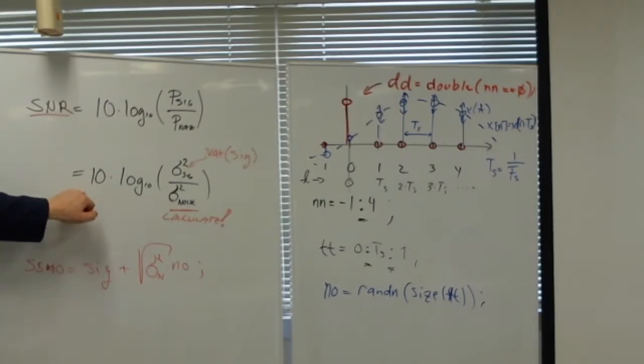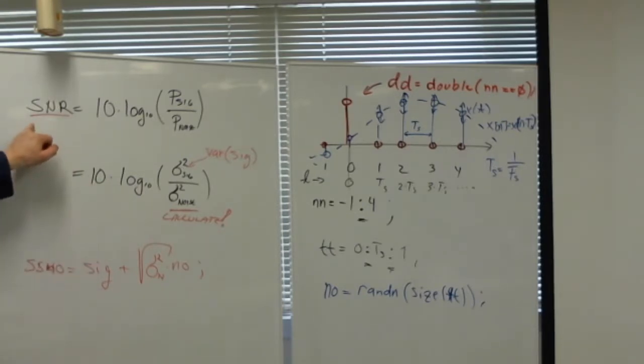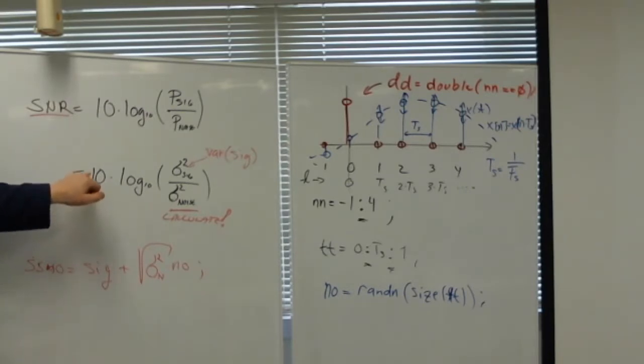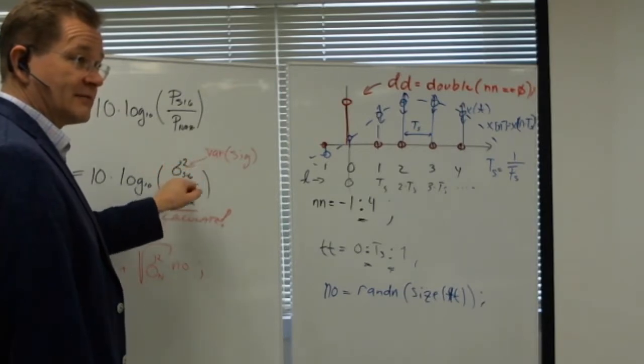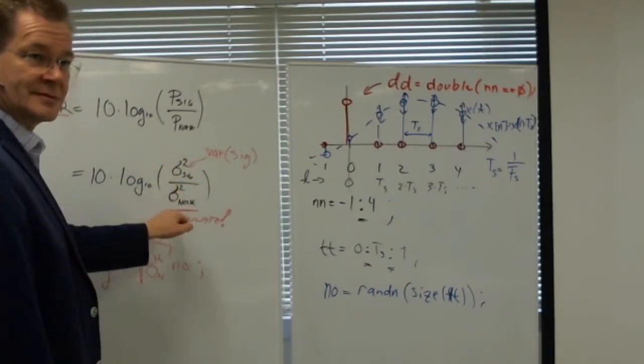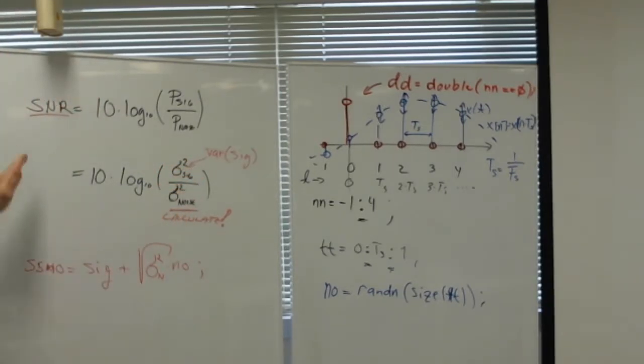Okay. So like in the AC circuit theory, the signal to noise ratio could be calculated as 20 times log base 10 of signal amplitude divided by noise amplitude. Okay, but the same way here.